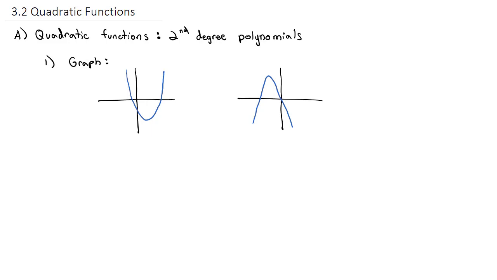Now there's an important part on every graph of a quadratic function, and that's the point at the tip, either at the bottom or the top. We call that point the vertex. And that vertex tells us a lot about the graph itself because it's really the starting point.